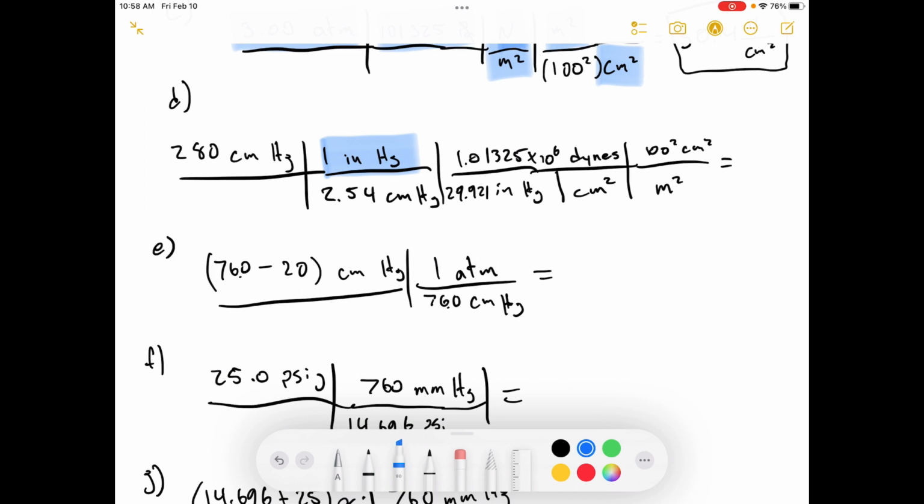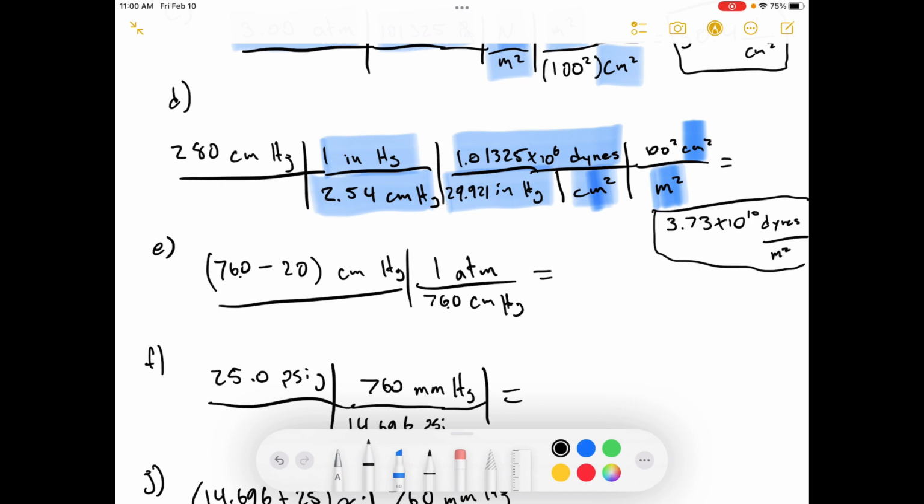You would say there are 2.54 centimeters in 1 inch. That's what this conversion is, and now we've gone from centimeters of mercury into inches of mercury, and inches of mercury is in the front of your book. So inches of mercury into dynes per centimeter squared, but it asked for dynes per meter squared, so now we just change the centimeters into meters. Just make sure you're squaring those lengths and conversions.